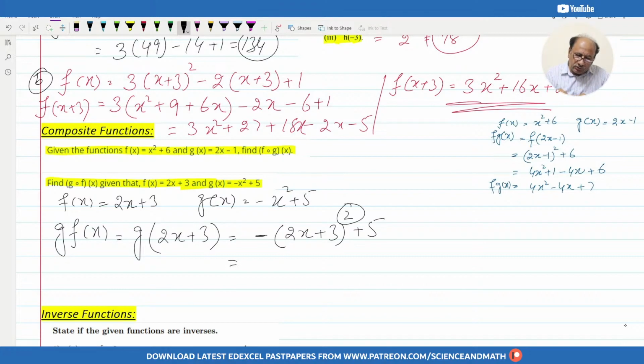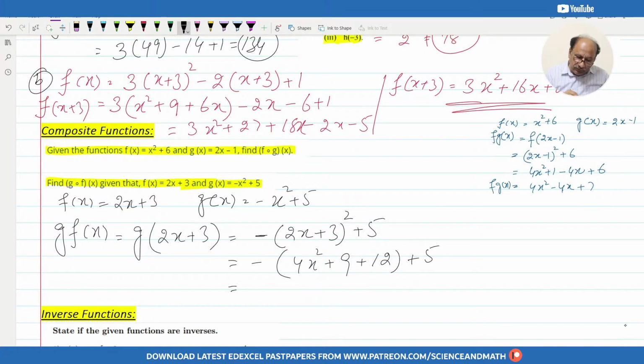First we'll open the square, and minus, inside will be 4x squared plus 9, and plus 2 into 3 is 6, 6 into 2 will be 12, so 12x. We have basically done the same square, and plus 5.